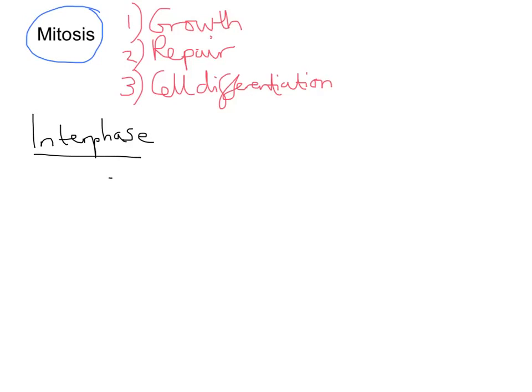So we're going to imagine we've got our cell here. I'm just going to draw the nuclear membrane, very simplistic pictures here. Now, in a typical body cell, we have 23 pairs of chromosomes, so 46 individual ones. Now for this video, I'm not drawing all 46.